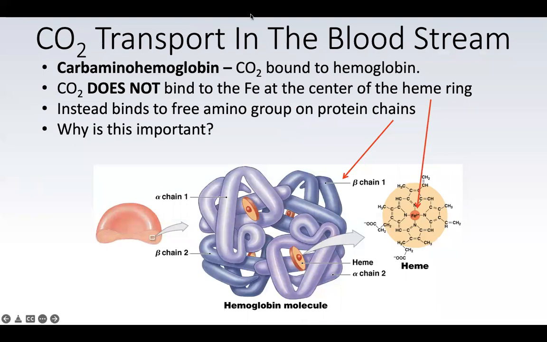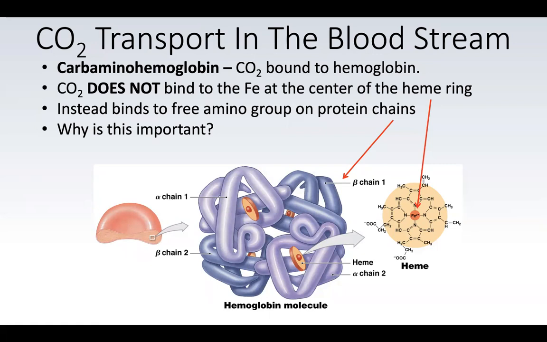Let's hone in on the difference between carbaminohemoglobin and deoxyhemoglobin. So the main take-home point here is that carbon dioxide does not bind at the same site that oxygen does. So there are other sites on hemoglobin for carbon dioxide to bind to.